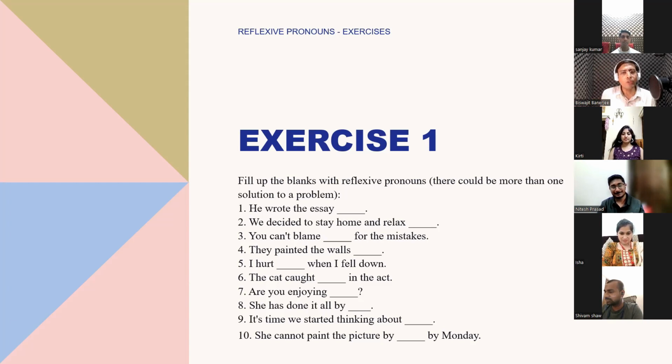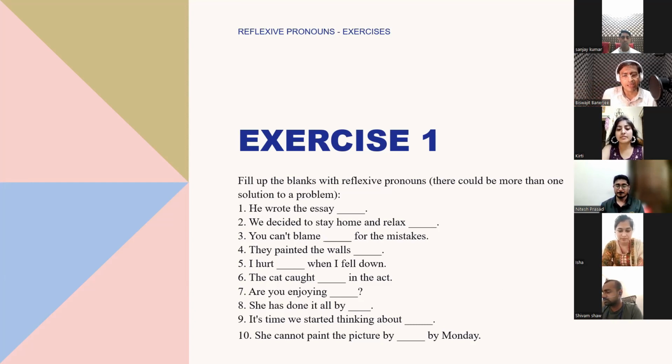We don't know the gender here, so we are not sure if it's a he cat or a she cat. So we say the cat caught itself in the act. That's how we deal with animals sometimes. If we know that it's a he cat, we'll say himself. She cat, herself. But usually for animals, we use the neuter gender. Here we have used itself. Very well done, Manisha.